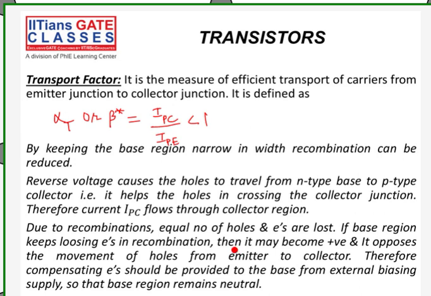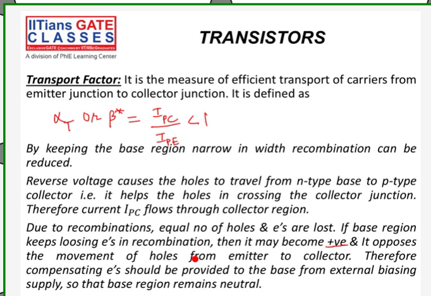It means they have taken some electrons from the base region. If they have taken some electrons from the base region, then there will be an electron deficiency in the base region, and electron deficiency is called positive charge. That is why the base region is positively charged. It opposes the movement of holes.